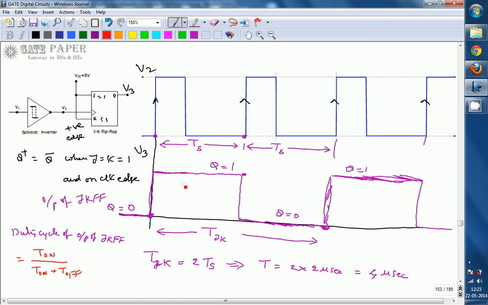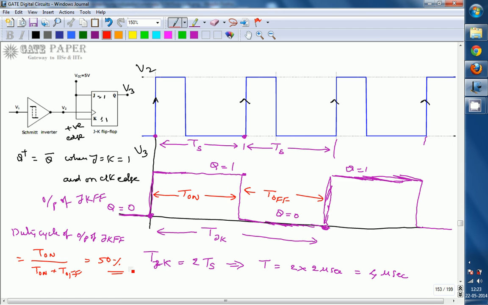The clock is going to be active for the duration of TS, and the clock is going to be not active for the duration of T off, that is also equal to TS. So T on is equal to T off, that implies it is 50%. So the duty cycle of the JK flip-flop output is 50%.